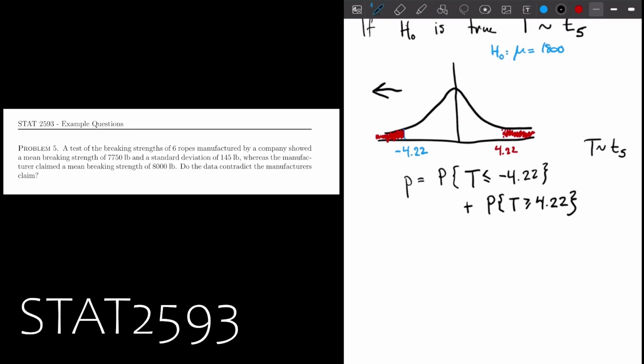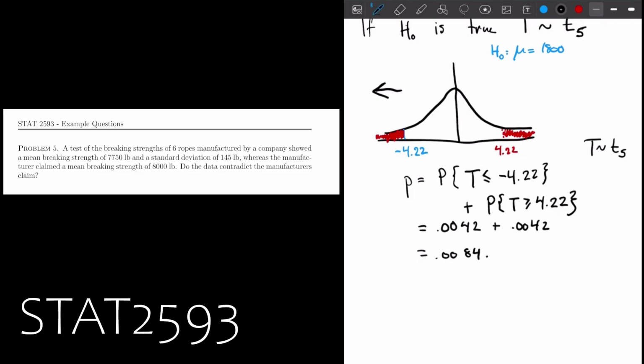And if we actually use the software here, what we should find is that each of these probabilities is approximately 0.0042. So we'll get that plus 0.0042. And so in total, we'll get 0.0084.